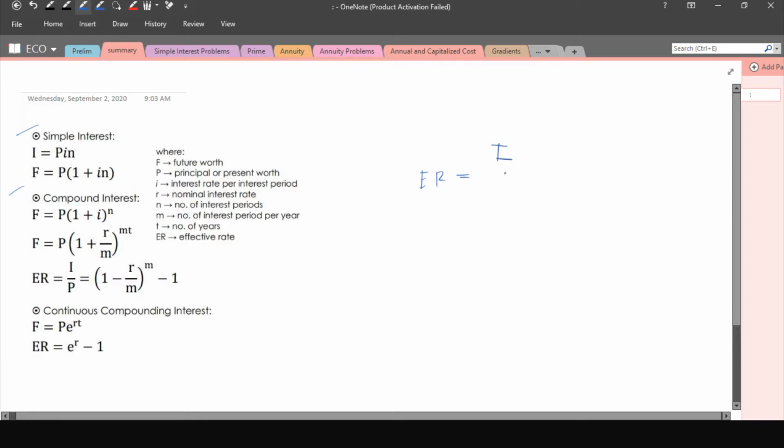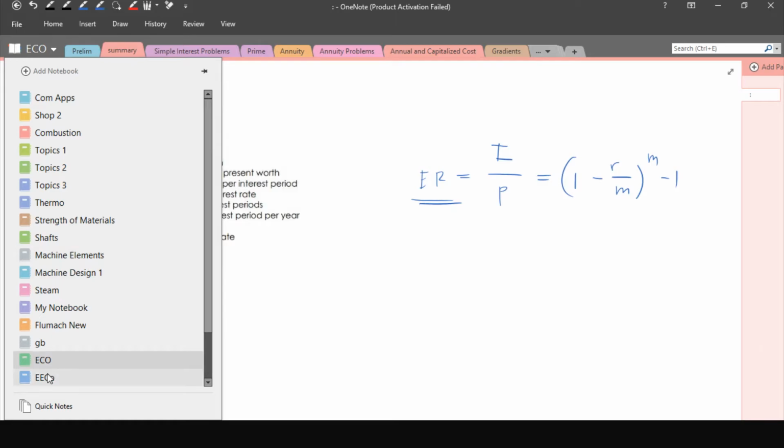Interest divided by principal, or that is equal to 1 plus R over M raised to M minus 1. Effective rate in a year's term. Okay? For continuous compounding, ito na rin yung kanyang summary. And let's get back.